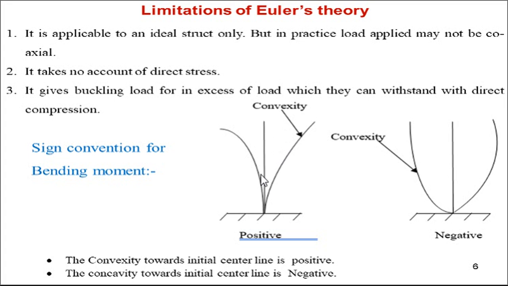This sign convention is taken as positive when the bending moment bends the column so as to produce the convexity. In the second figure you can see the bending moment which bends the column so as to produce concavity towards the initial center line.